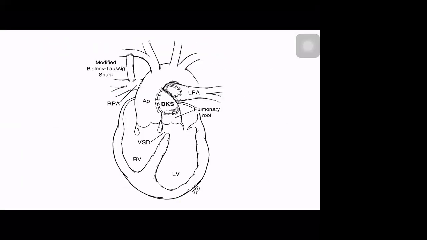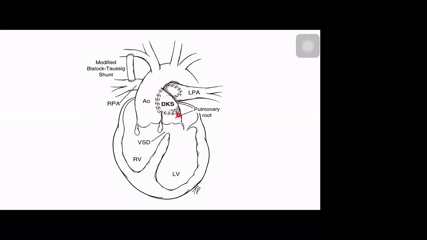Now, this is the picture of the DKS operation. You can see that this is the main PA, which is communicating to the LPA and the RPA. The main pulmonary artery is ligated and transected from its branches, and it is anastomosed with the aorta directly.